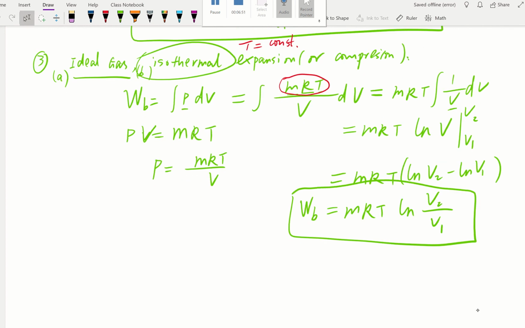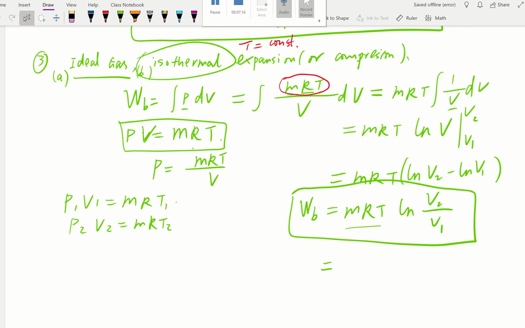Now let's expand this expression one more time. How about this mRT? Using the ideal gas equation, mRT is equal to PV. With two states, P1V1 equals mRT1, and P2V2 equals mRT2. Be aware that they are equal, because T1 equals T2; it's constant, it's isothermal.